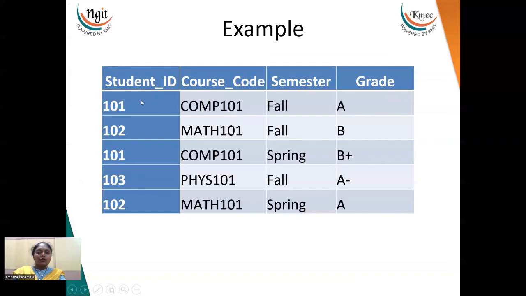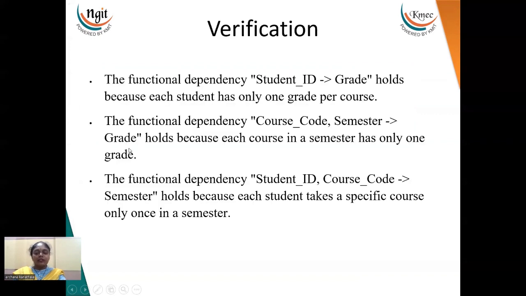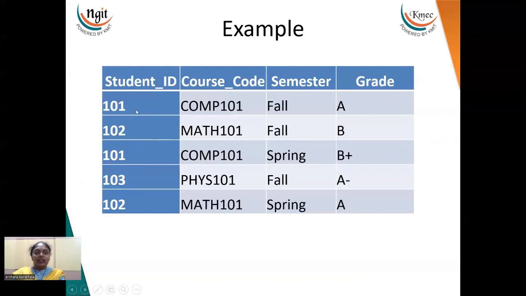Now look at the ID values 101, 2, 1, 3, 2. For every roll number, there should be only one grade assessed. Right? So with this example, you have redundancy of student ID number with two different grades allotted. So this will violate the rule.